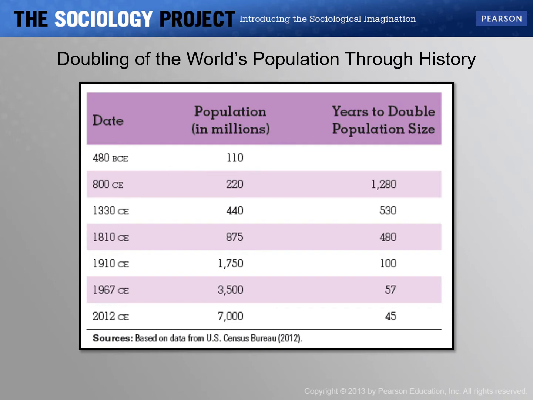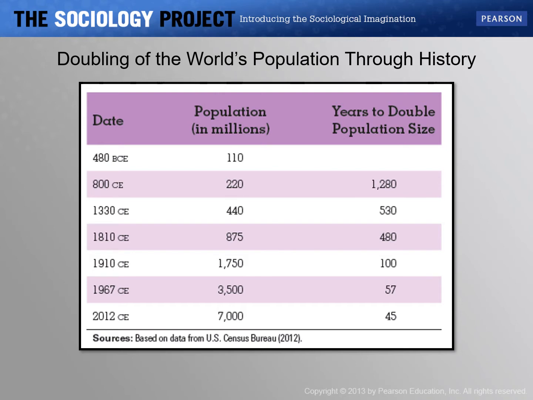One of the things that you notice is that the world population is doubling throughout history. The population changes that double from one to twice as much are taking less and less time to happen.